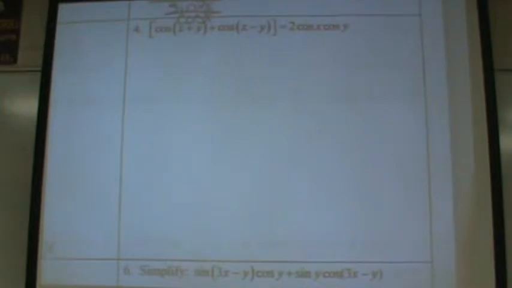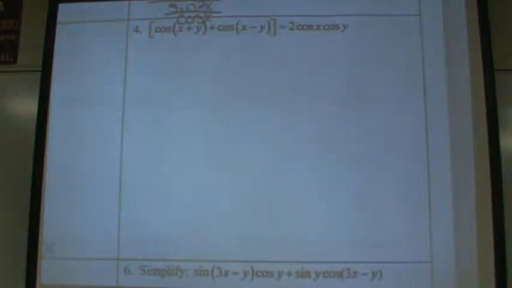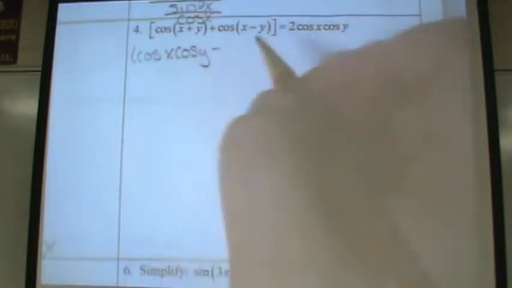Number 4 moves into 9.2 and using the addition and subtraction identities. So we're going to start working with this left-hand side because we can expand each of these cosines using the identity. So this first one expands to cosine x cosine y minus sine x sine y.